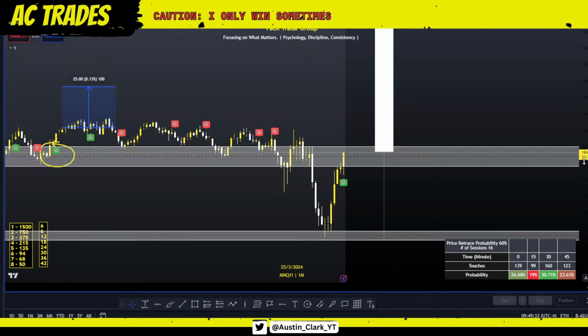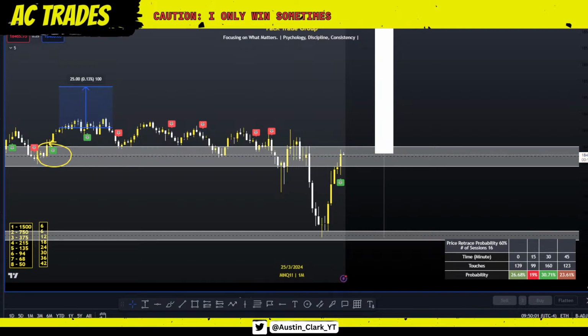All right, we got 30 seconds left. If this prints in a bullish distribution, I'm adding to my trade. If this closes, I'm adding to this position. 8, 7, 6, 5, 4, 3. Order filled. All right, there we go.